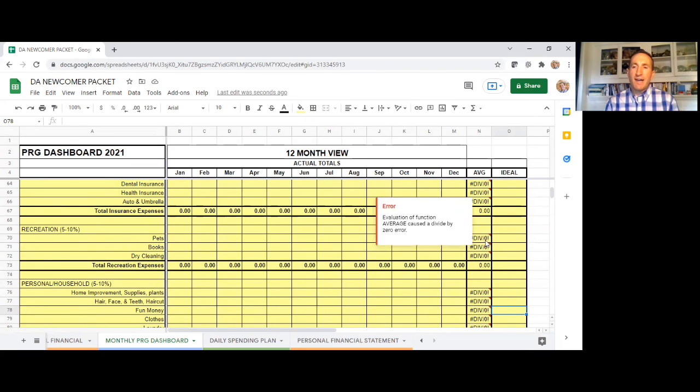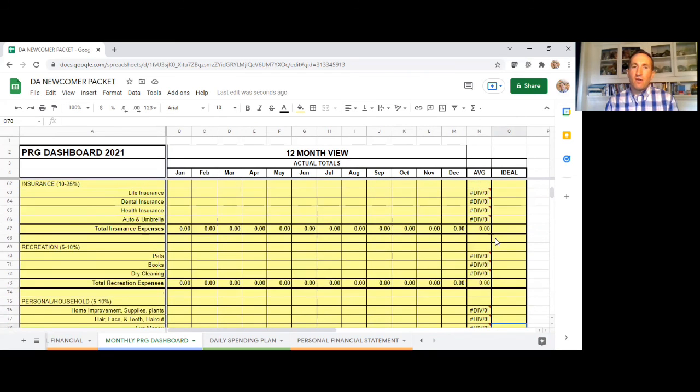We can start to work these averages and work the ideal. If we see that we're averaging on our pets $100 a month and our ideal is only $50 a month, we'll have to reevaluate that and see how we can work on that issue.